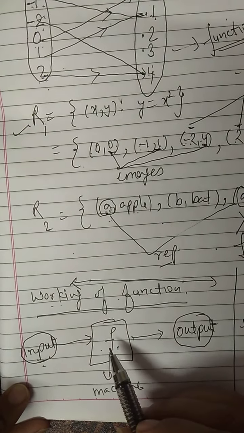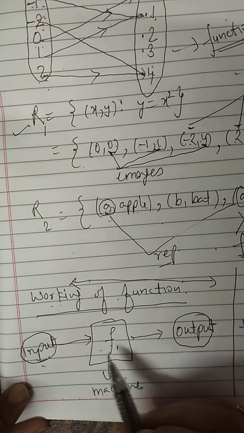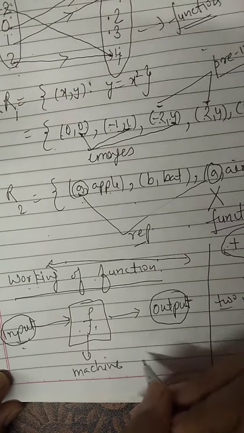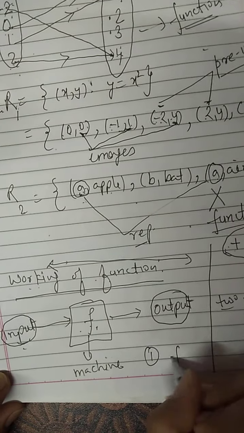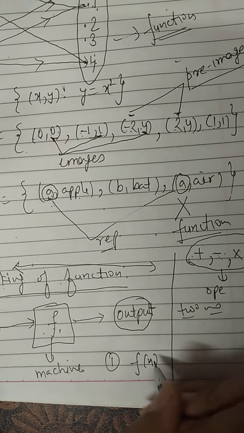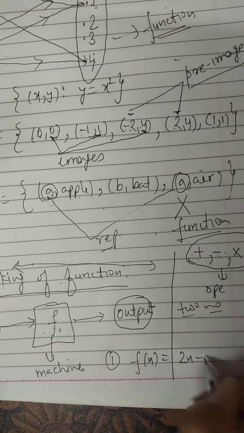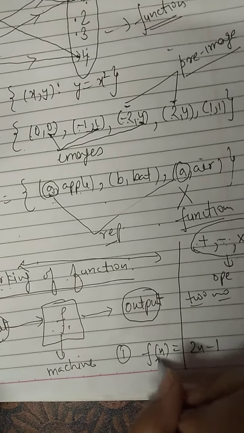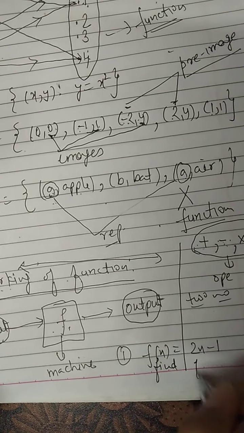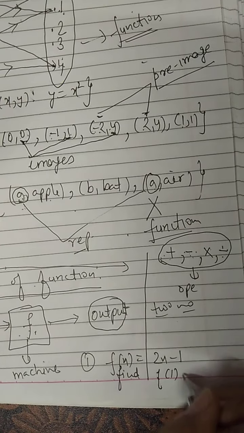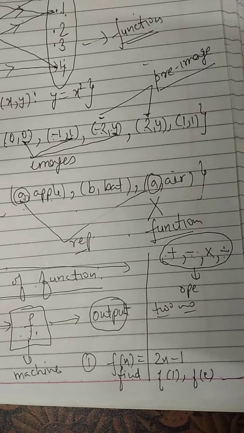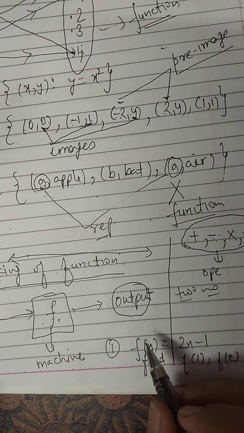So this is the function. Till now in junior classes we have used this many times. For example, if it is given f of x is equal to 2x minus 1, and we are asked to find f of 1 or find f of 2 and so on, what we used to do is put 1 in place of x.